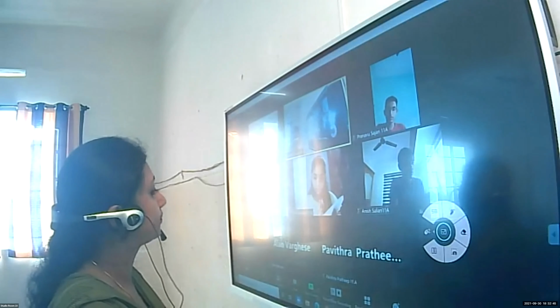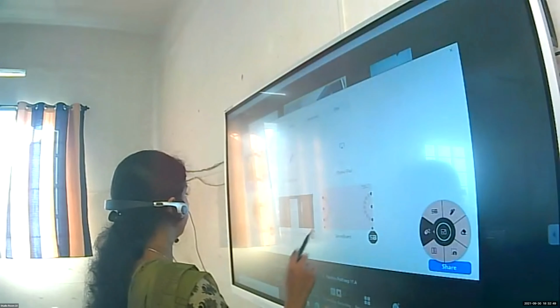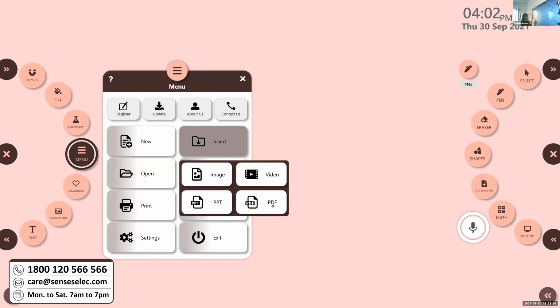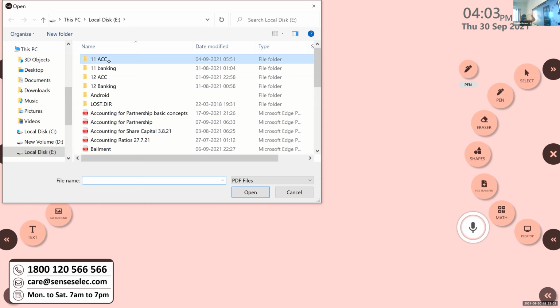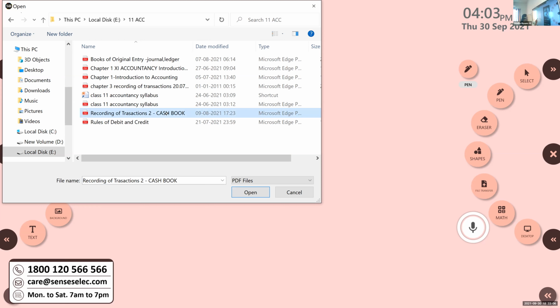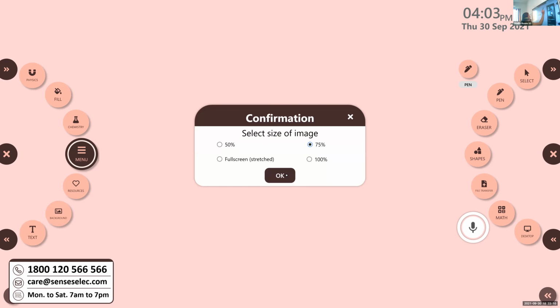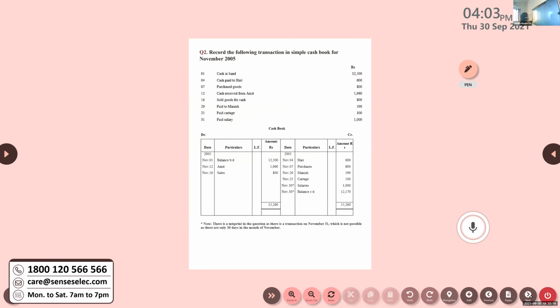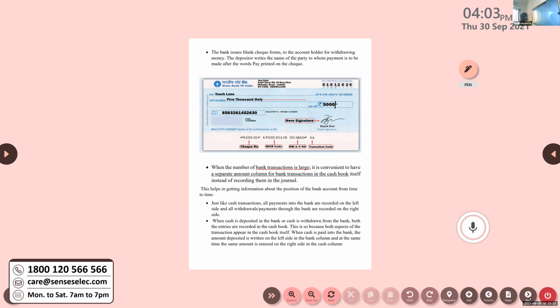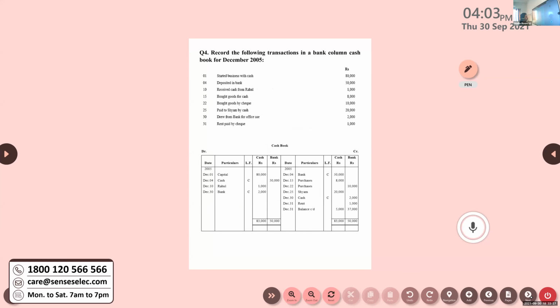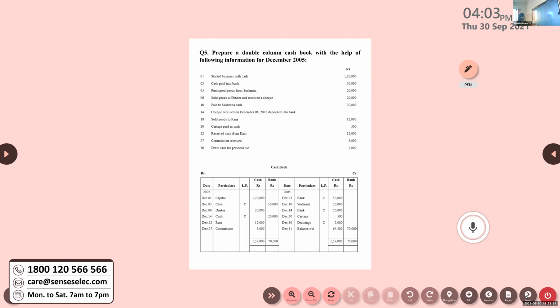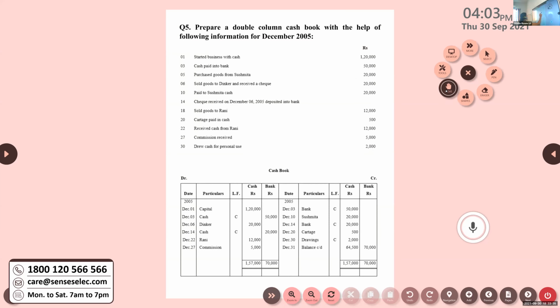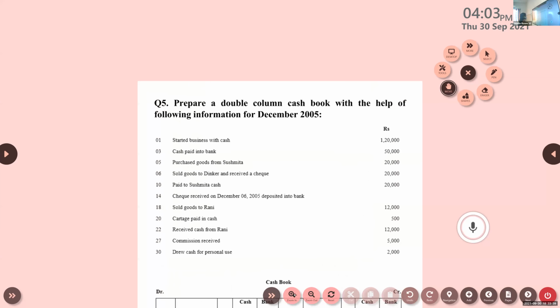Double column cash book. Yes, question number 5.